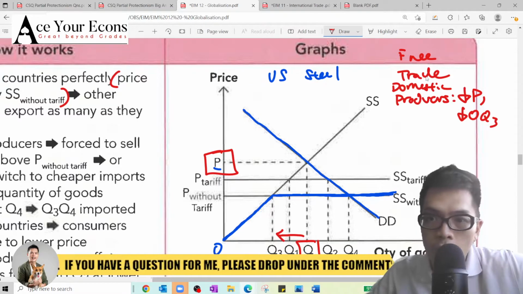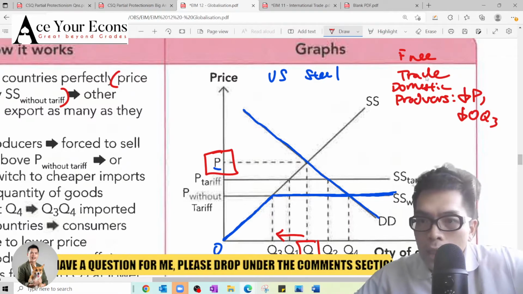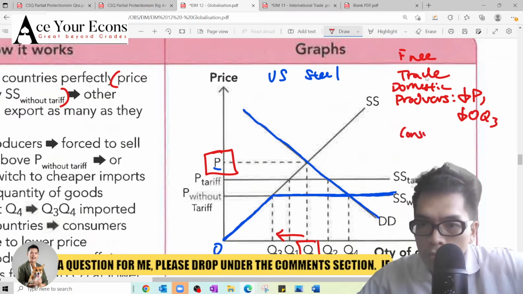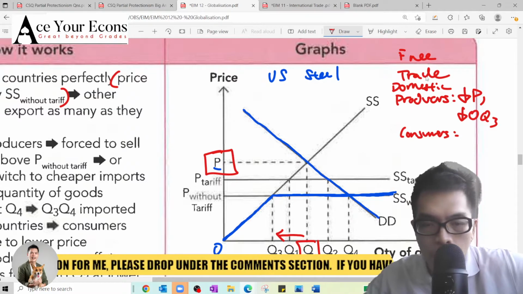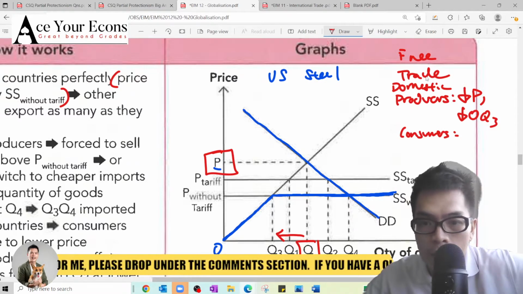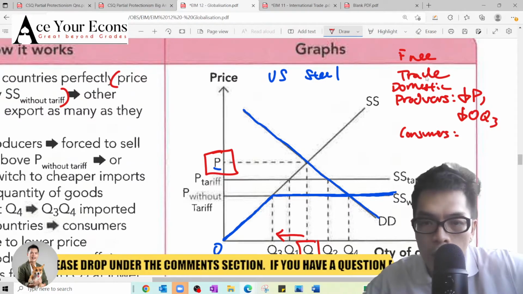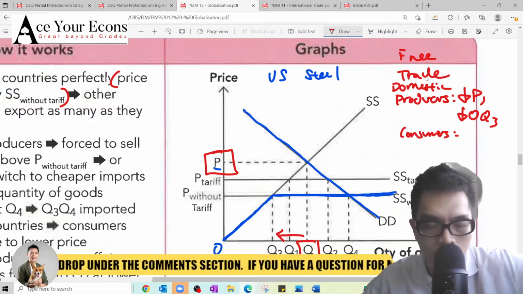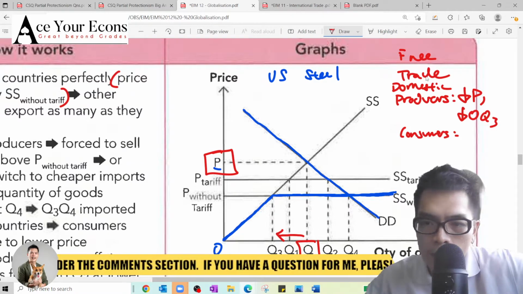Is everyone following me? Now, for consumers, we know that consumers will definitely benefit as a result of trade. Why? Because they are going to enjoy a lower price of import, at P without tariff.